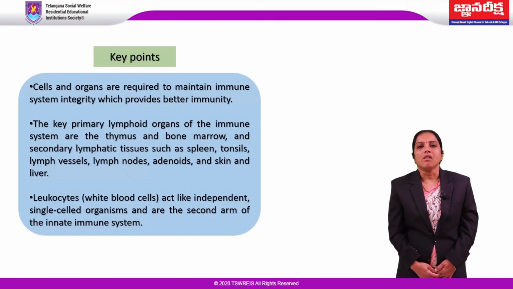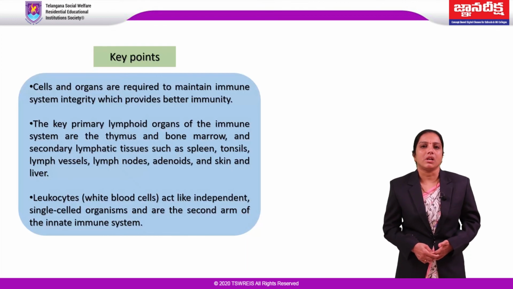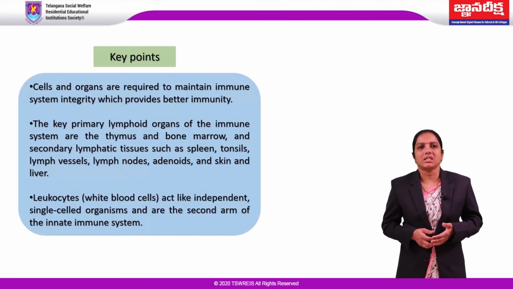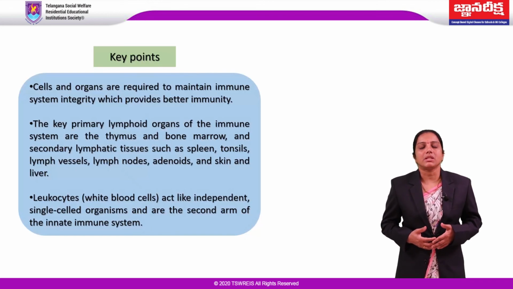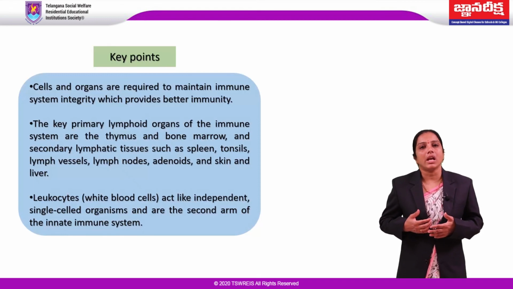So the antigen, when it enters through different routes, either from bloodstream or from the mucous membranes or from the skin, will be trapped by innate mechanical barriers, or if the antigen escapes these innate mechanical barriers, it should face the lymphocytes which are produced from the hematopoiesis from the bone marrow. So these cells and organs of the immune system are mainly involved in providing the protection or giving the immunity to fight against different pathogenic organisms or any foreign particle.